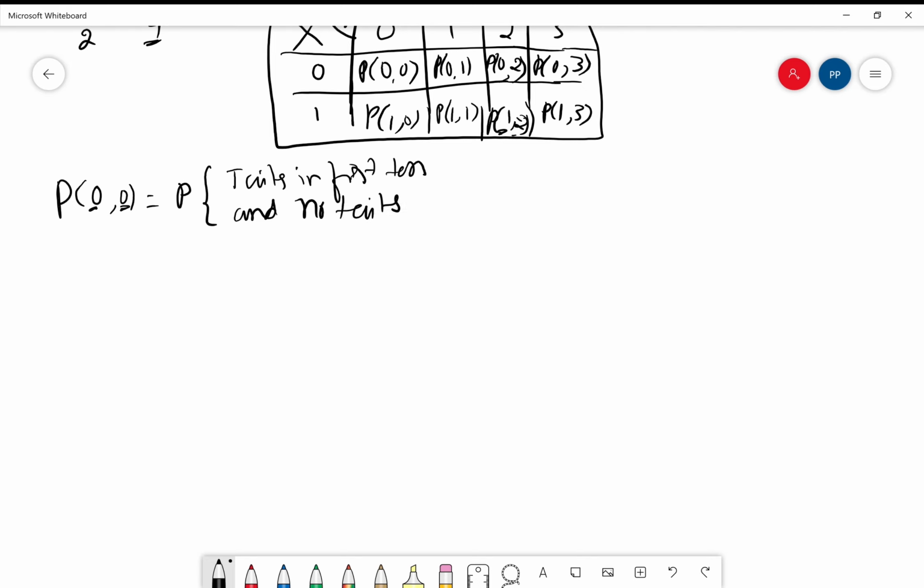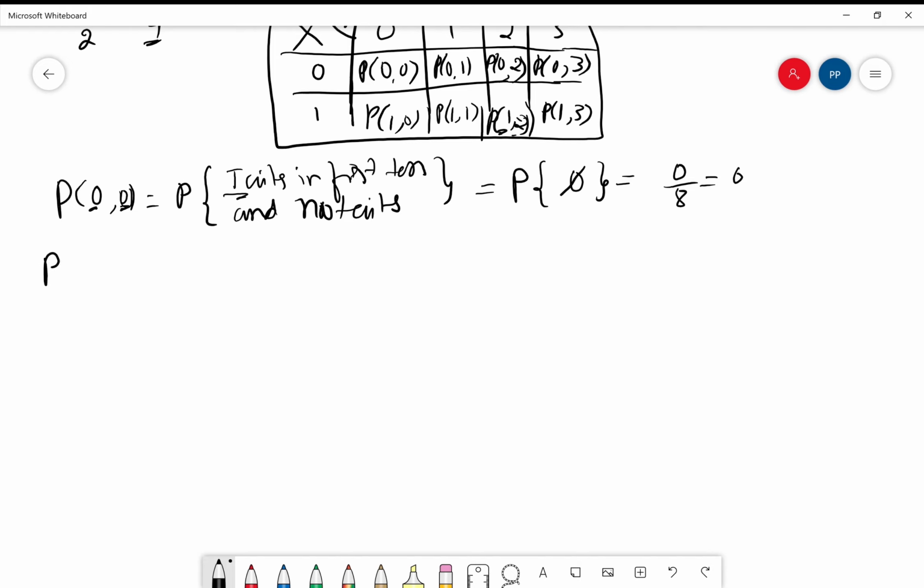Is it possible? No, because if tails occur in the first toss, you find at least one tail. So certainly y can't take the value 0. Therefore, this is an empty set. So what is the probability then? 0 by 8, 0.